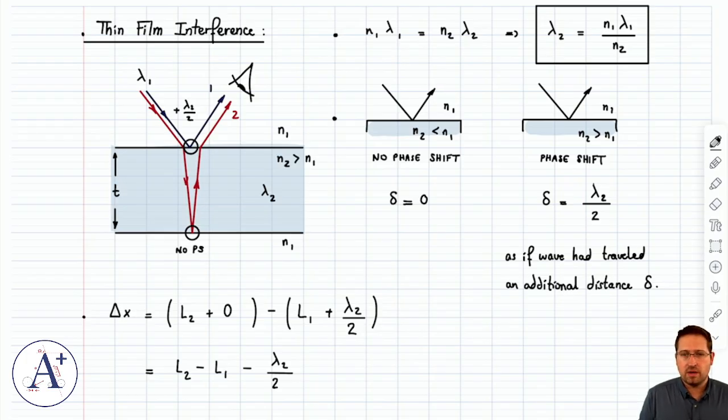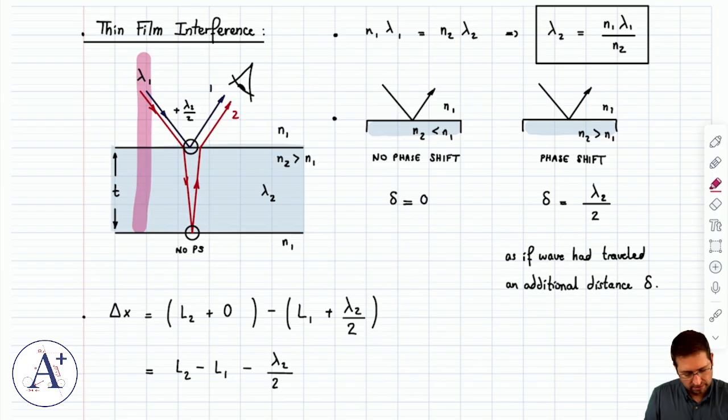Okay, fine. L2 minus L1, hopefully everybody agrees, is now in fact the difference between this length here and this length here. That distance should be 2 times the film thickness. Okay, remember, I'm drawing my rays slanted for convenience, but they're all vertical, right?